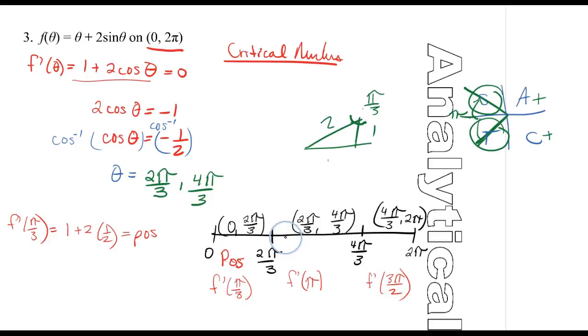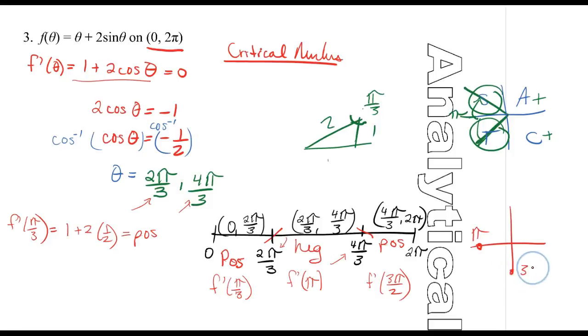But because 2 pi over 3 was a multiplicity of 1, I only had one root of 2 pi over 3. And 4 pi over 3 was a multiplicity of 1. That means that my sign is going to change each time on my derivative. So I can actually see that this would be negative, and changing again would make this positive. But let's test the other values.